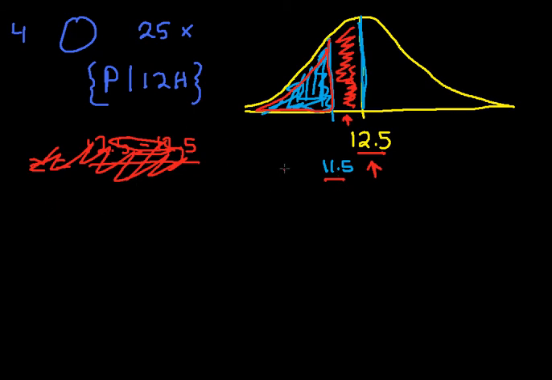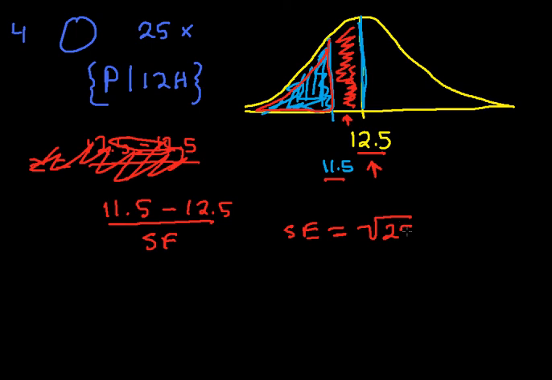So the z value, if we're going to standardize the 11.5, is 11.5 minus 12.5, divided by our standard error. Standard error is equal to the square root of 25, the number of draws, times our standard deviation. Anytime you have a 0 and a 1, the standard deviation is a half, and you can calculate that or punch it in your calculator.